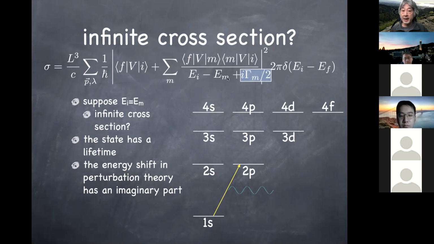So the idea is that the energy of the 2p state is no longer real, becomes slightly complex. And the reason why the energy becomes slightly complex is that the 2p state, as we have computed already last week, is actually no longer a stable state. It actually decays.